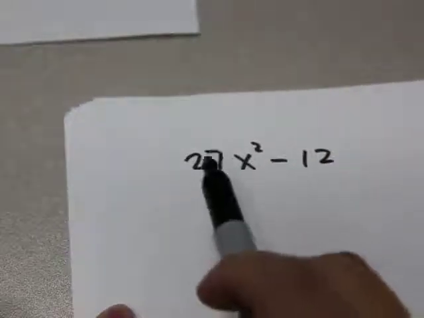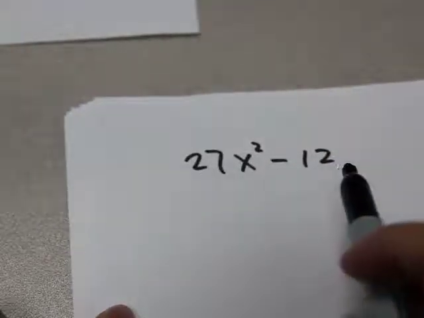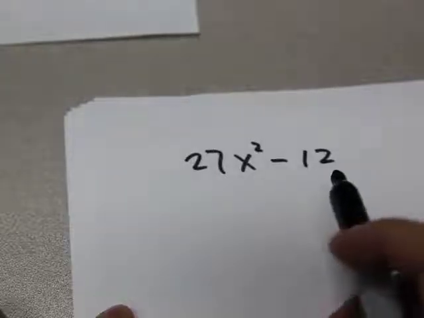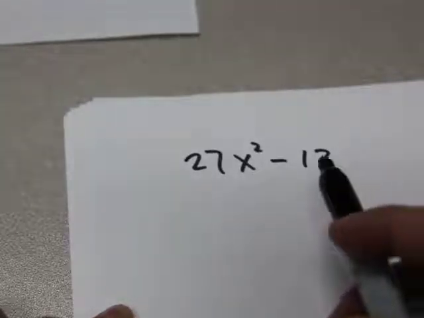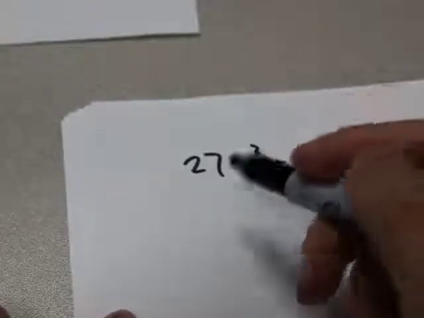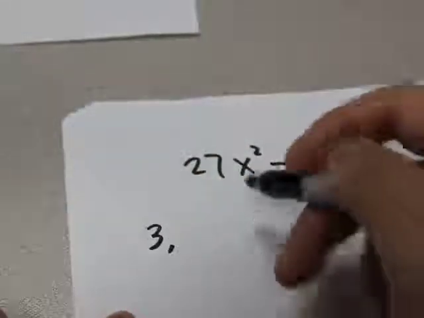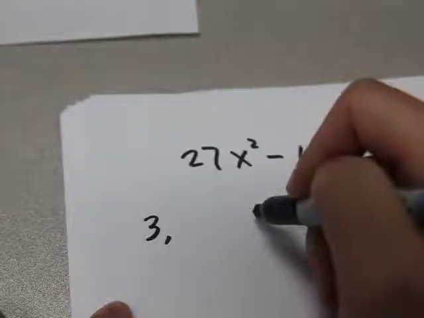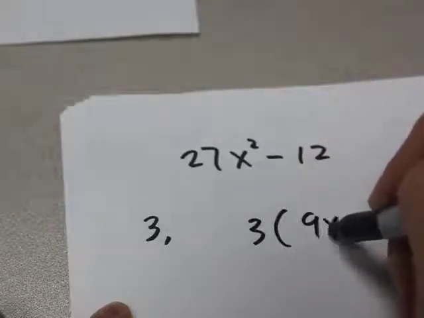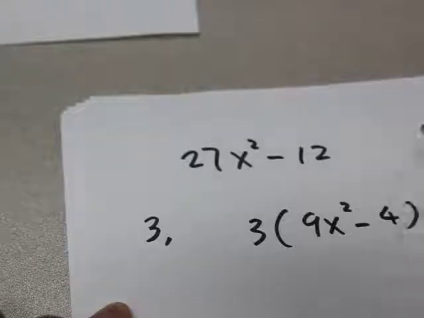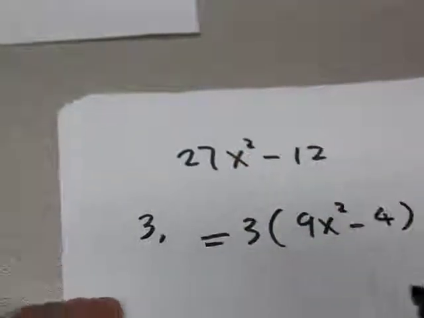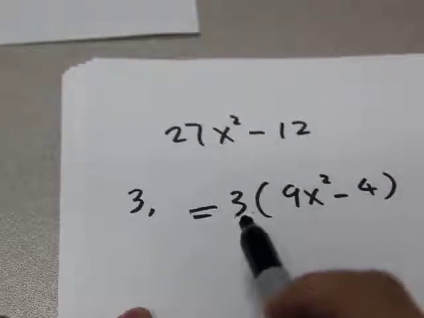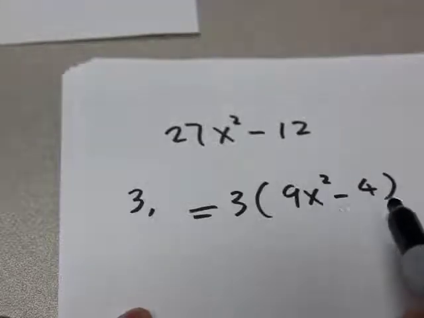Now, as you can see, both 27 and 12 are not perfect square numbers, so we cannot use this formula directly. However, since 27 and 12 have a common factor 3, let's see what will happen if we factor out 3. After I factor out 3, it becomes 3 times (9x squared minus 4).